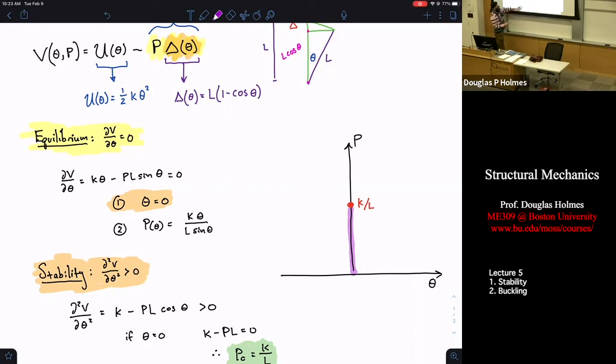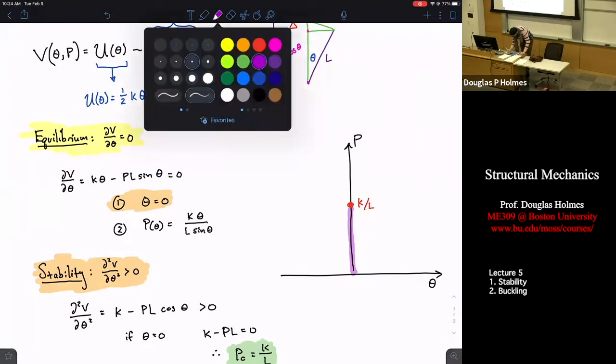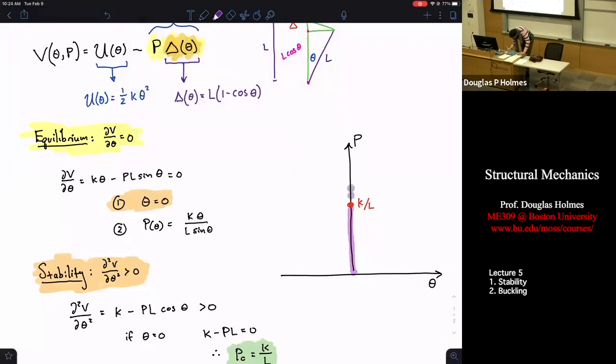So that means this quantity is greater than 0 with no deflection as long as this load is smaller than k over L. Once I get to k over L, the sign changes, and this pathway that's going vertically becomes unstable. I'll just draw them as checks. Stable up to here, unstable.